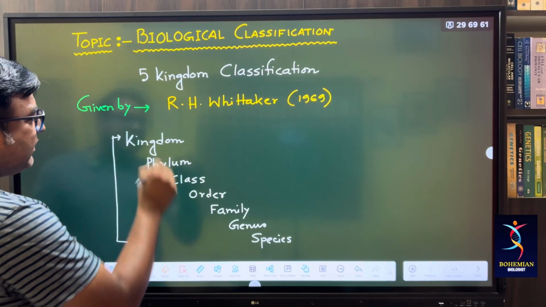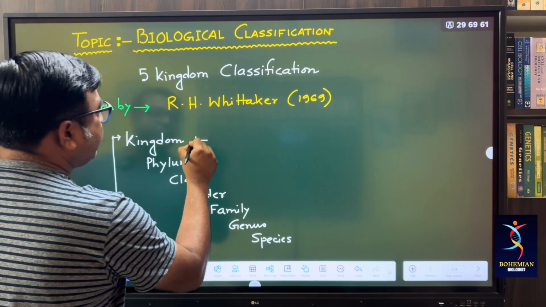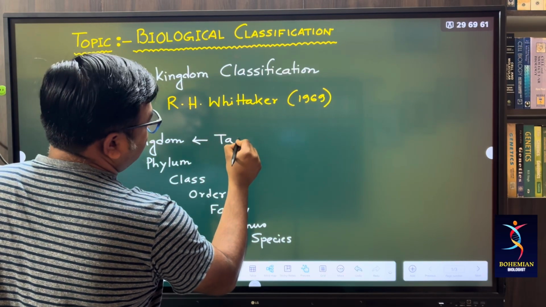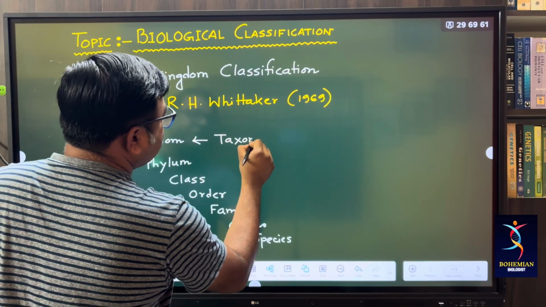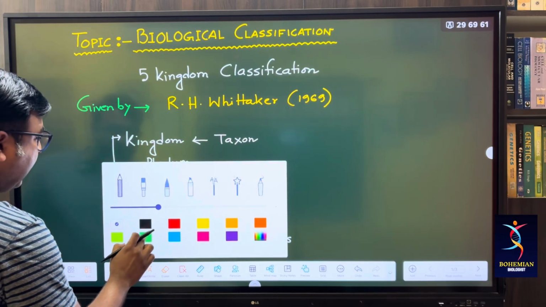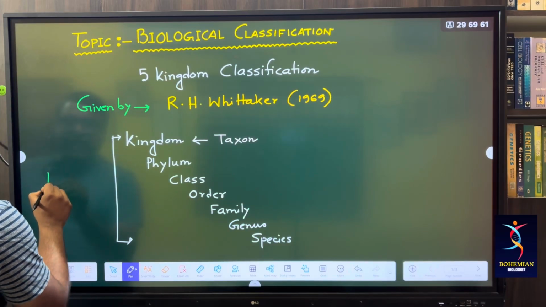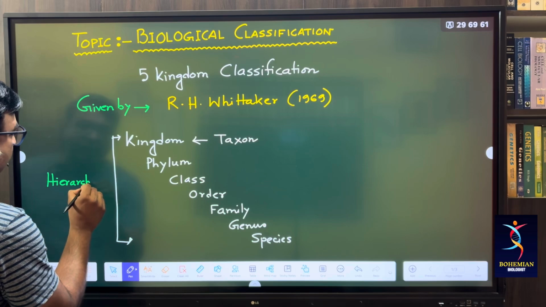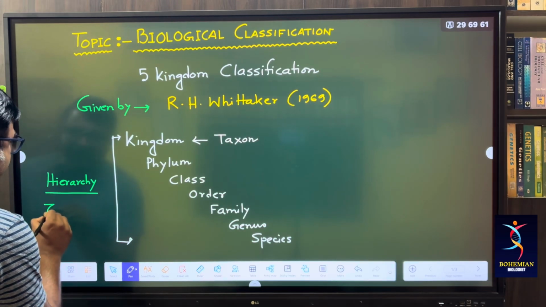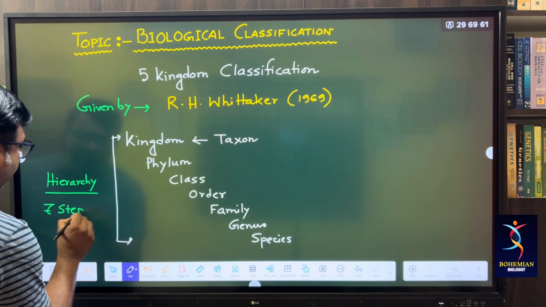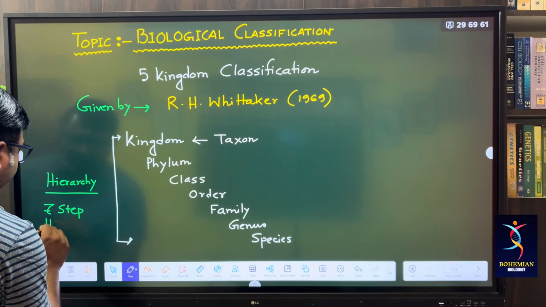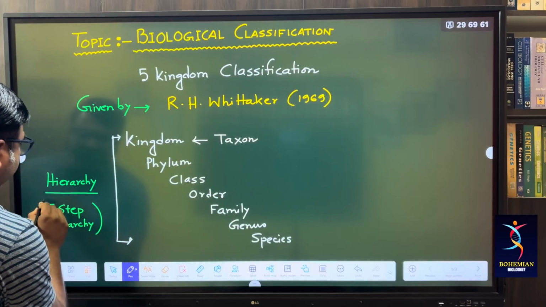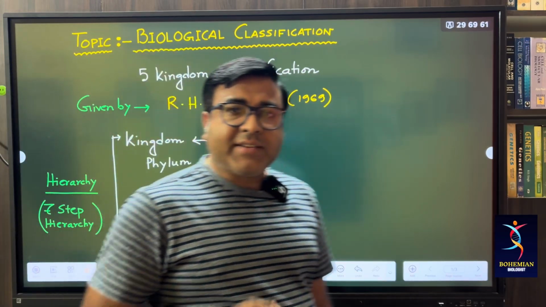You may count, there are 7 taxa. Each rank is known as a taxon, and the total system is known as hierarchy. This 7-step hierarchy was given by scientist Carolus Linnaeus.